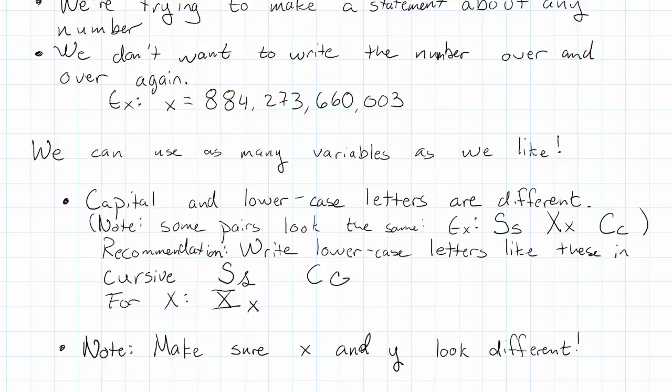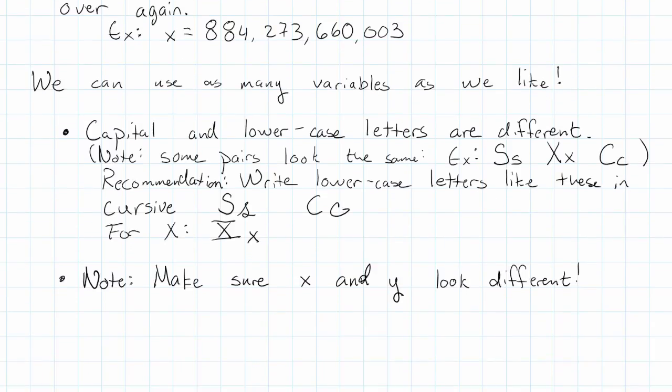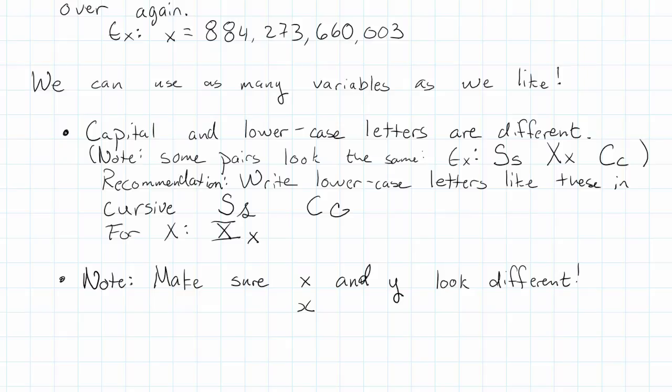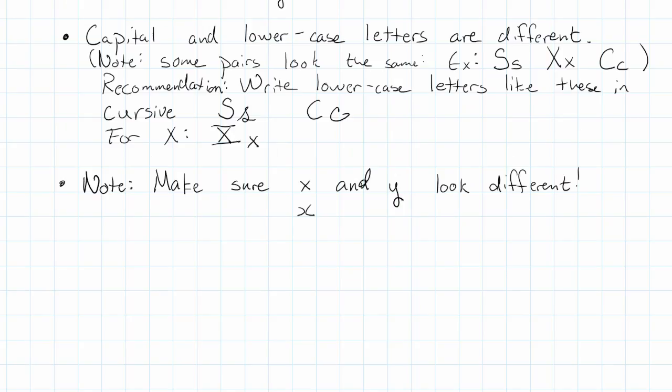As a side note, make sure that in your handwriting, lowercase x and lowercase y look different from one another. It doesn't work well to do it on the screen, but I typically write lowercase x like that, as two curves coming together, because it prevents it from looking even potentially like a lowercase y.